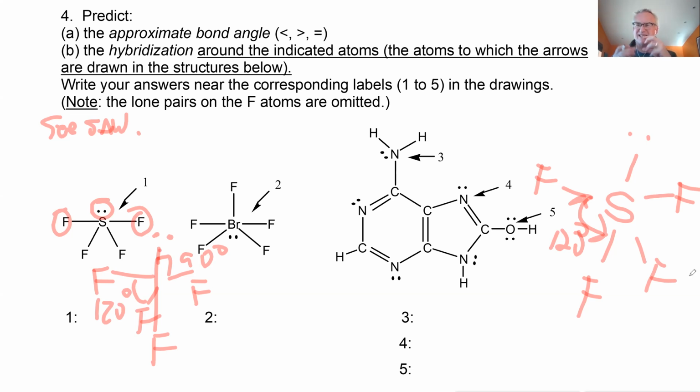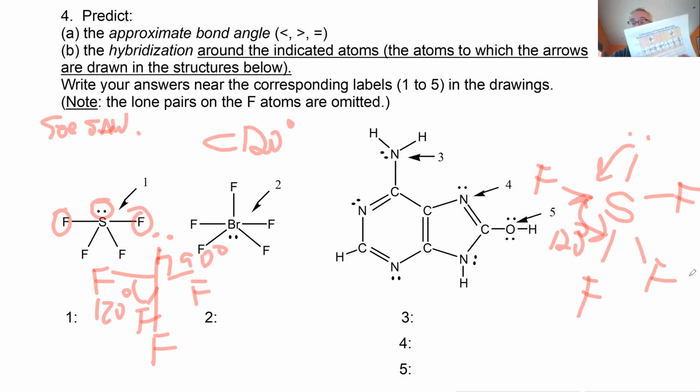Actually it'll be just a tiny bit less, because the lone pair pushes the fluorines a little bit closer together and reduces that angle just a little bit. Not by much, but just a little bit. So okay, you just say it's a little bit less than 120.